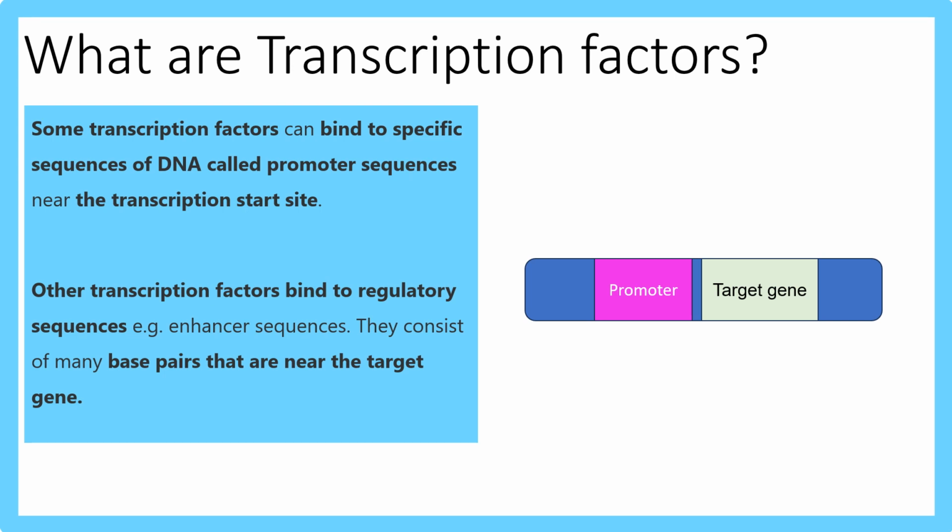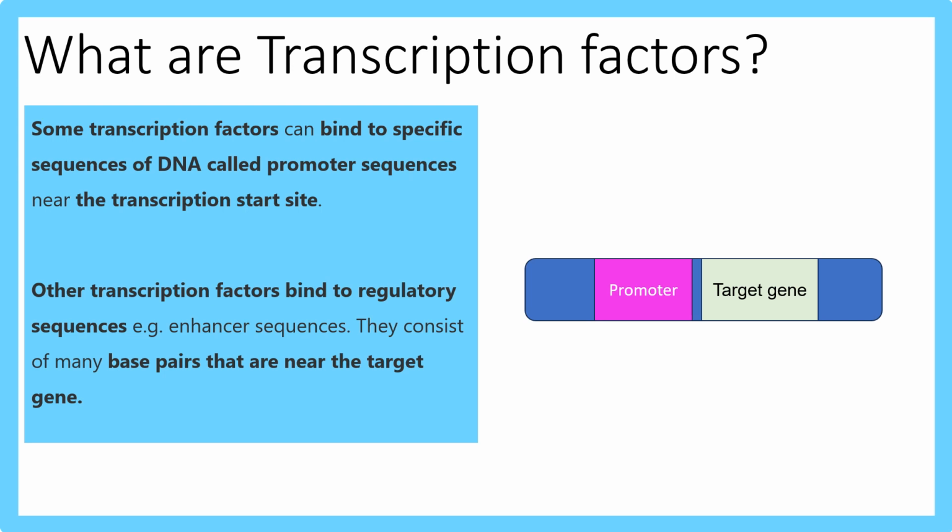Base pairs, you should be familiar with this, as we discussed it in one of the previous lectures. There are 4 types of bases: adenine, thymine, guanine, and cytosine. If it's RNA, it's uracil instead of thymine.